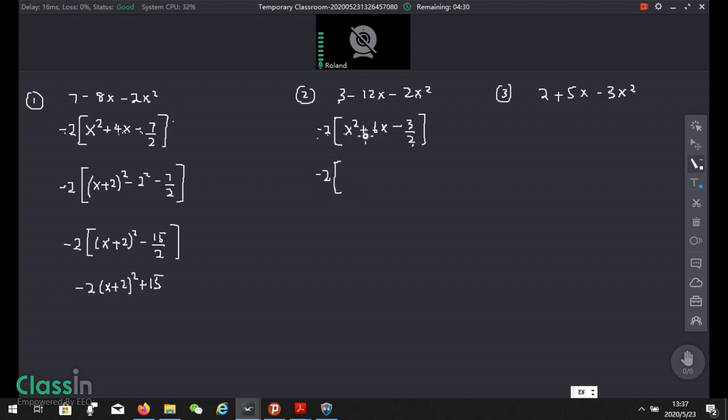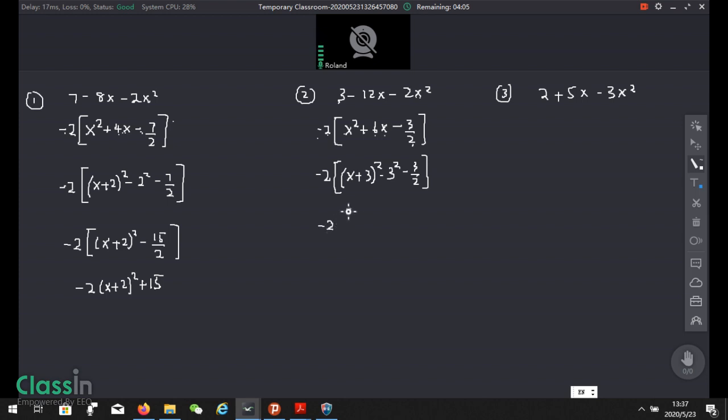So in this case, negative 2 is out. The coefficient of x squared is now 1, so we can complete the square. The coefficient of x is 6, and half of 6 is 3. So we have x plus 3 squared, minus this 3 squared. Of course, there is still negative 3 over 2 outside.